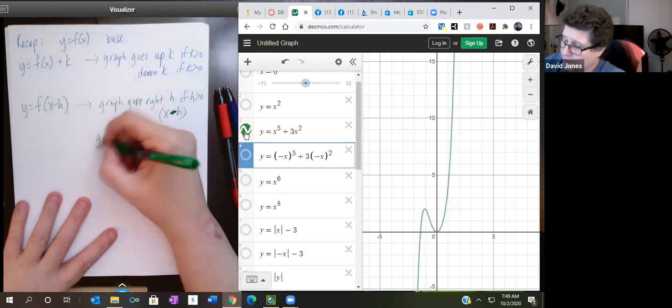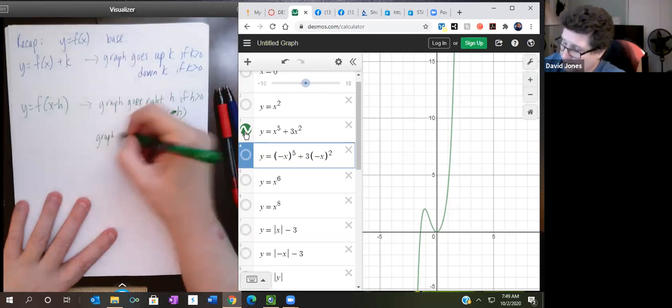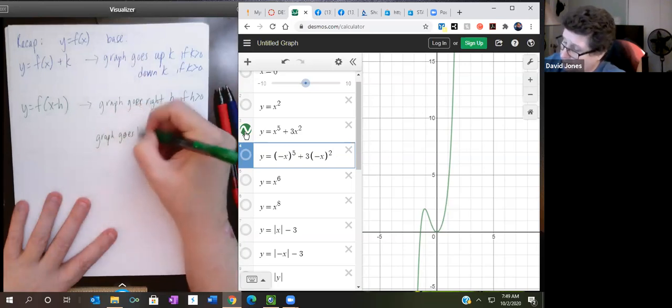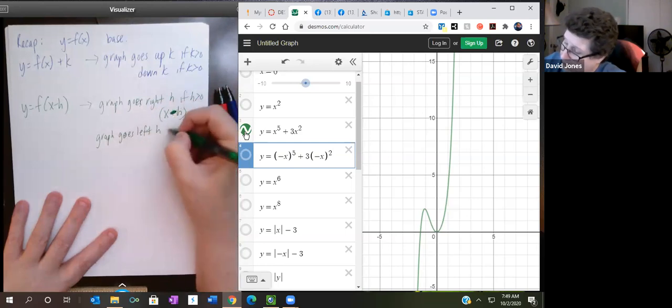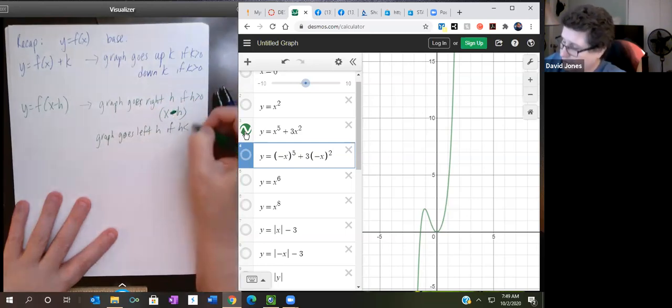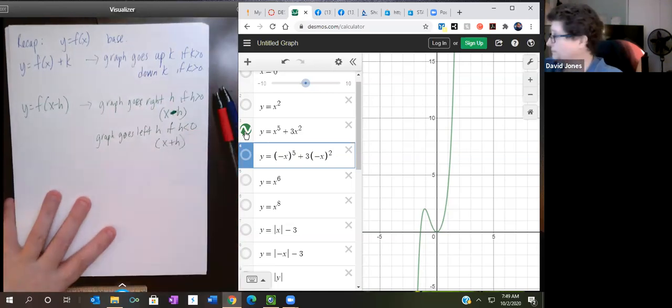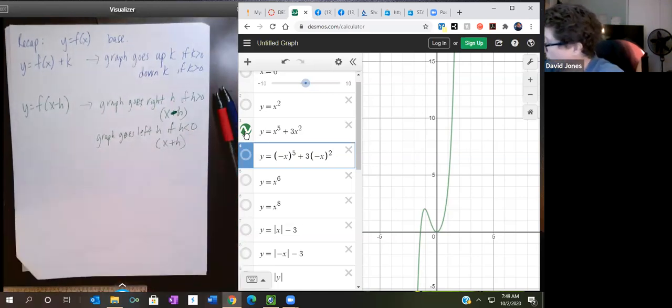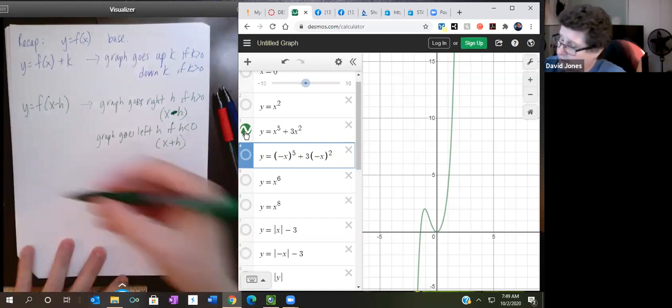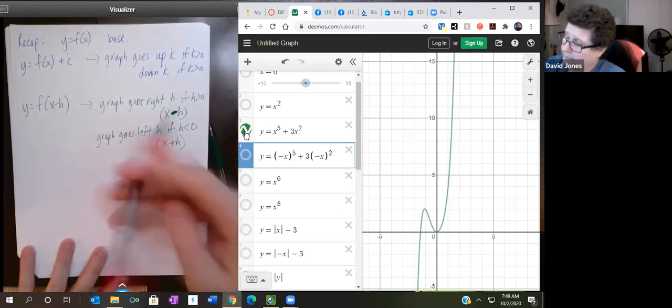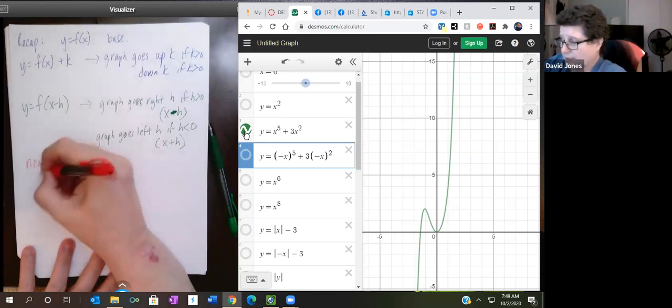And graph goes left h if h is less than 0, and that looks like x plus h on the inside. Negatives in front, flip the graph.